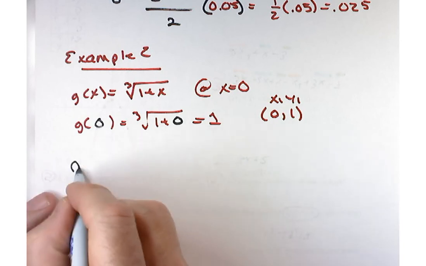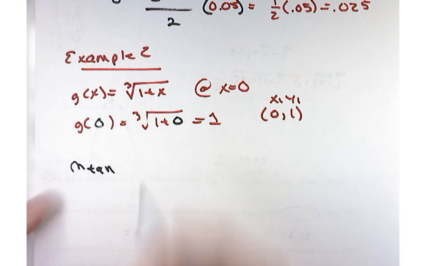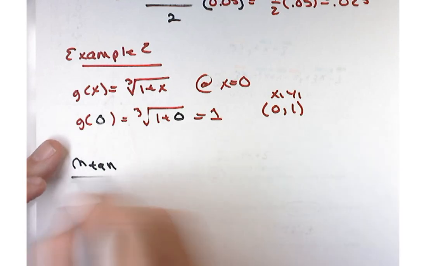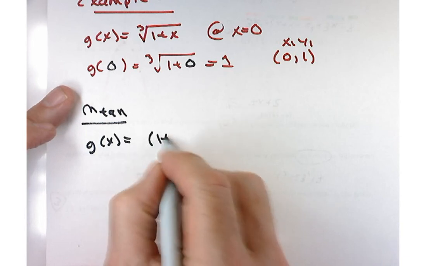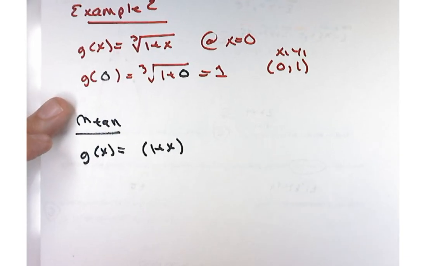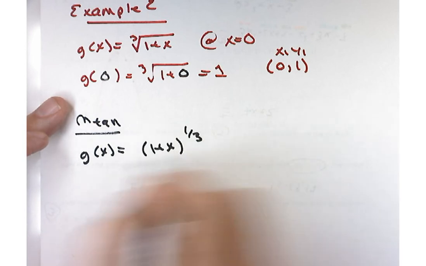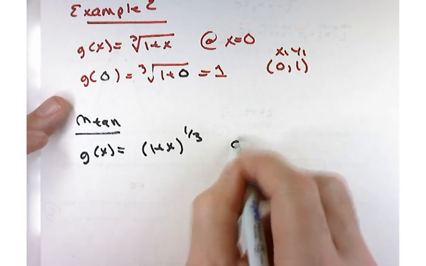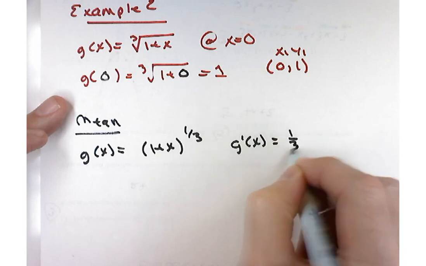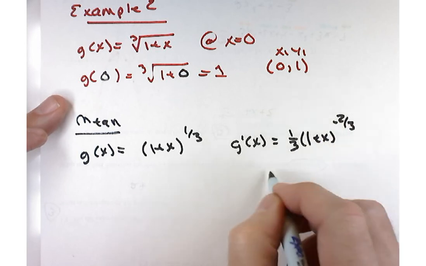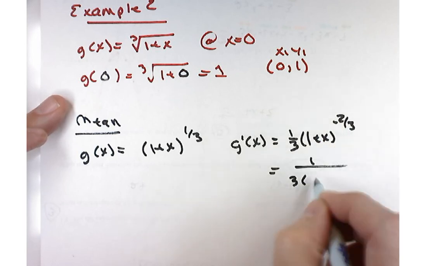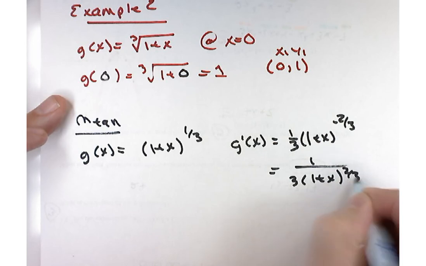Plug in 0 to the derivative. So first we need the derivative. So g of x, probably want to rewrite that as 1 plus x to the 1/3 power. So the derivative is going to be g prime of x equals 1/3 times 1 plus x to the negative 2/3, or 1 over 3 times 1 plus x to the 2/3.